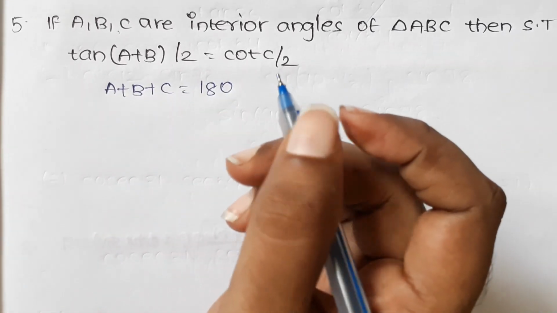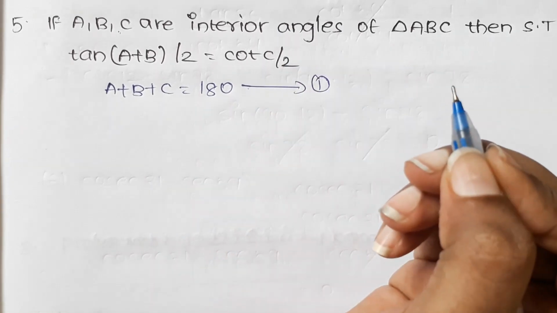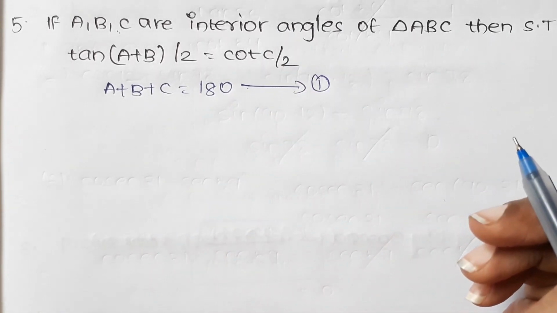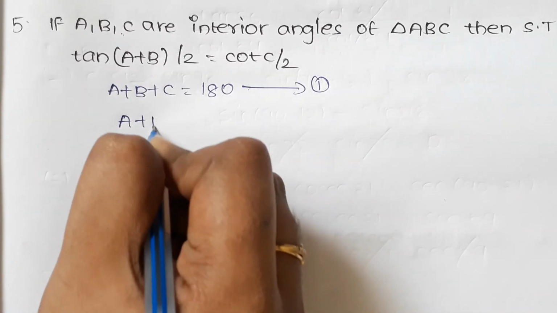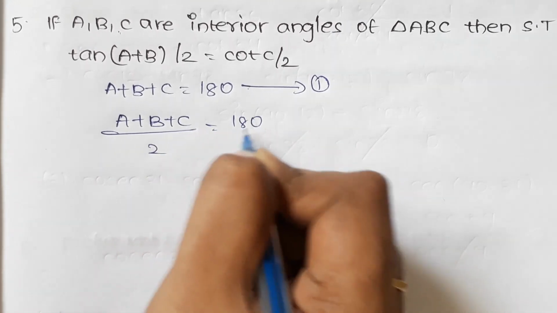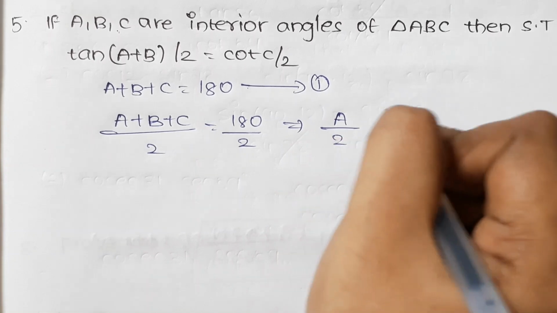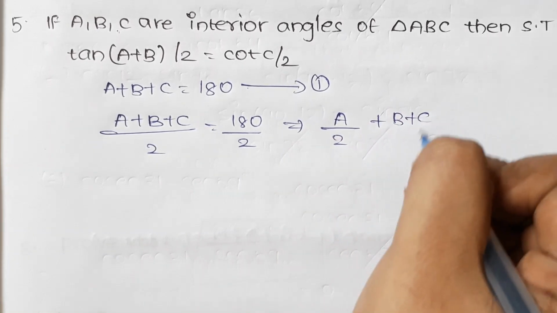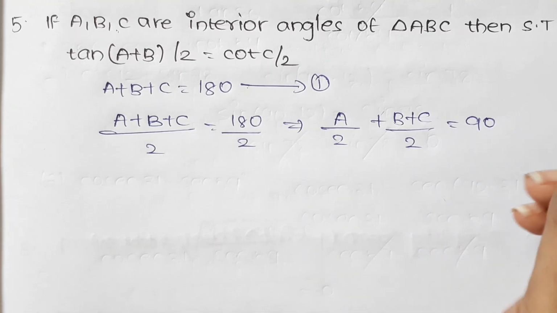That is, A plus B plus C is equal to 180. Let us put it as equation 1. Now equation 1 is divided by 2. That is, (A plus B plus C) by 2 equals 180 by 2. Let us separate them: A by 2 plus B by 2 plus C by 2 equals 90.